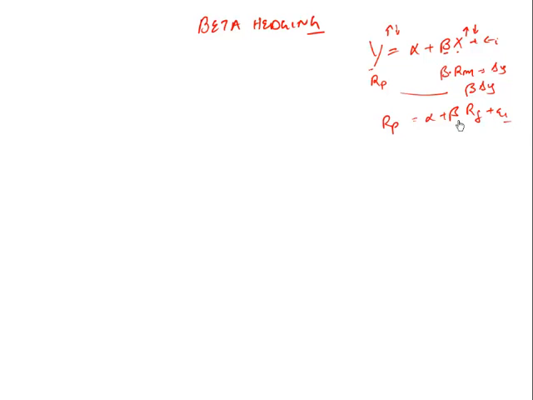So beta in this case will be the sensitivity of the movement of the stock price with the futures price. As the futures moves, this beta generally is expected to be 1.